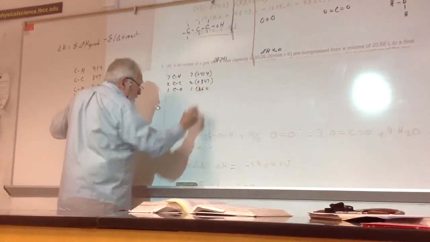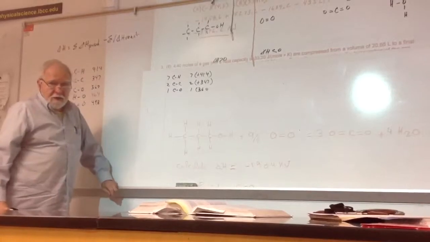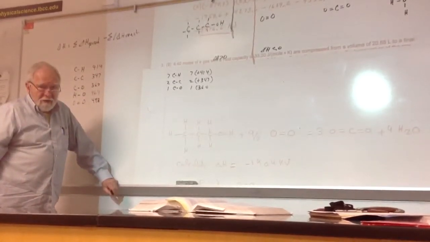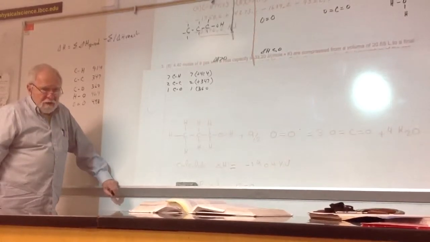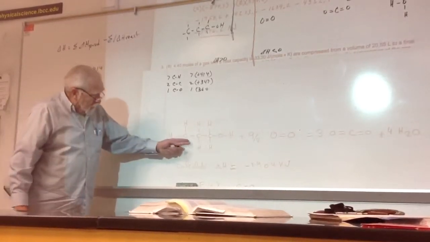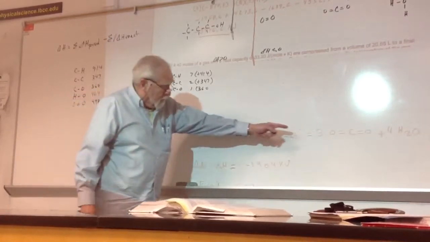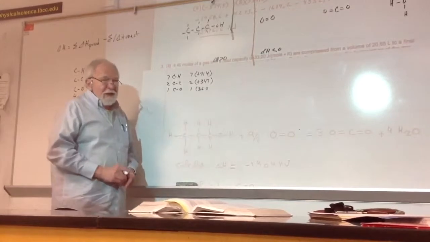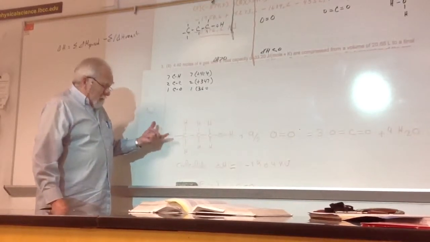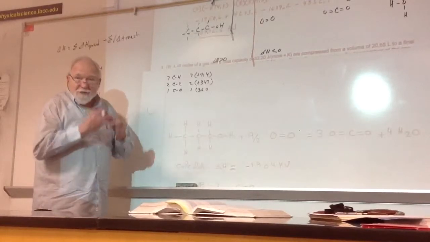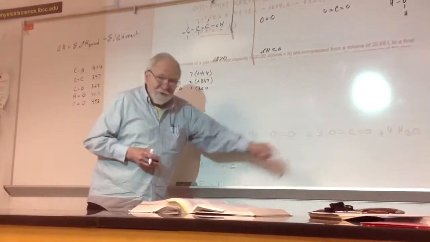Dennis? Yes. For some of the examples in the books, they showed like sometimes the bonds would break and some of them don't. Like, for this one, do they all break? Yeah, because what you're doing is going from this set of reactants to that set of products. And the imaginary thing you do is you're breaking all the reactants down into atoms. So you're forming all these atoms, then the atoms recombine in a new structure.